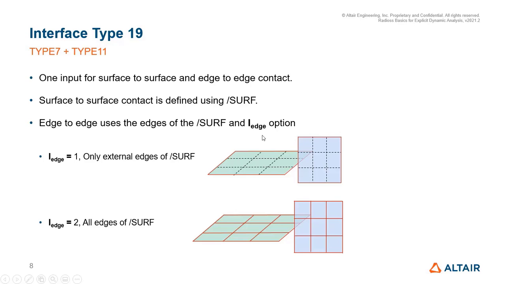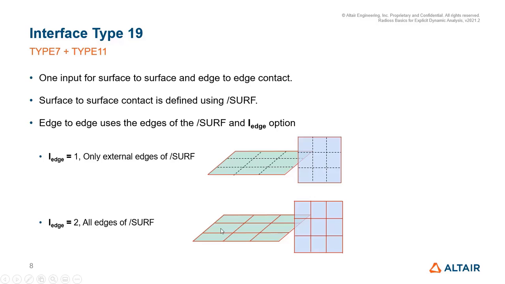So what is this iEdge option? When you have iEdge equals 1, only the external edges of the surface will be considered for the contact. As shown in this figure, only external edges of this surface are taken into consideration for the contact. When you have iEdge equals 2, it means it considers all the edges of the surface.